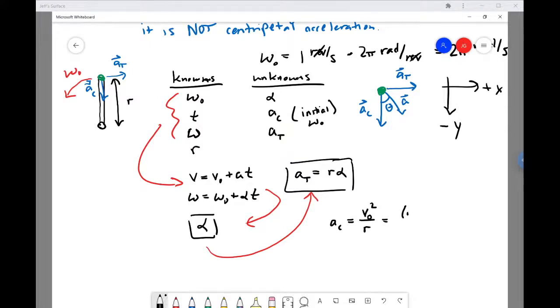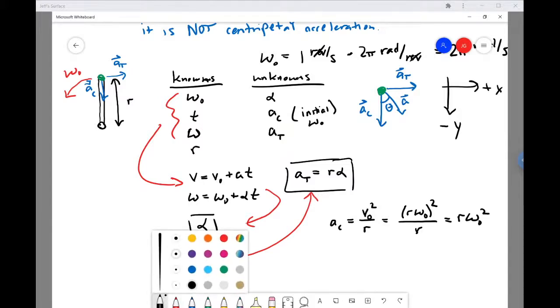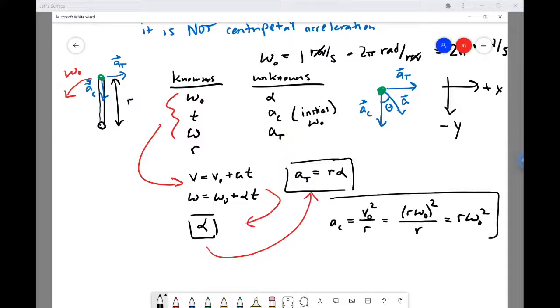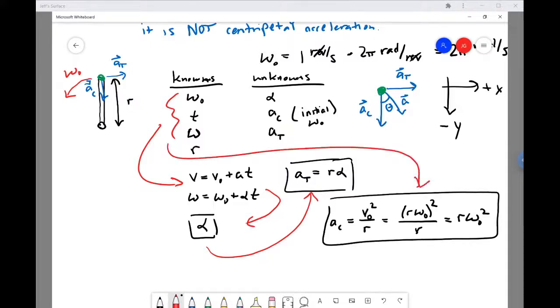Well, v is r times omega. So v naught is r omega naught, squared. So you have an r squared over r, which gives you r omega naught squared. So you can calculate this because you have what you need to plug into that expression. So when you do all this work, now you have AT and AC.